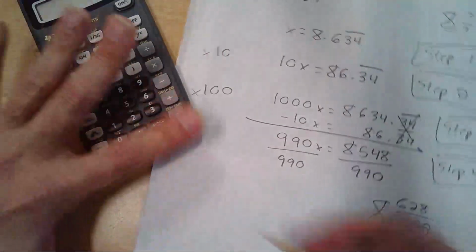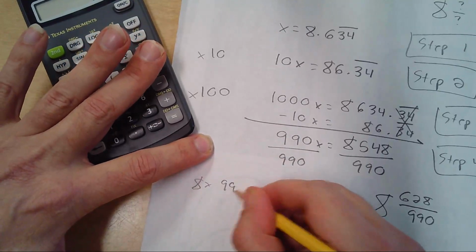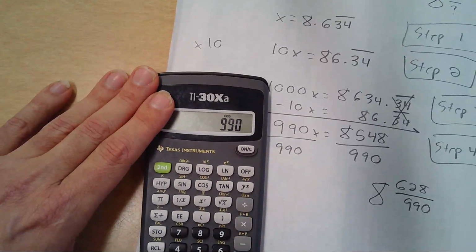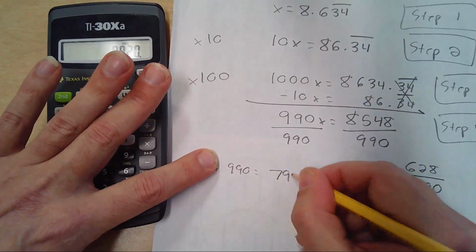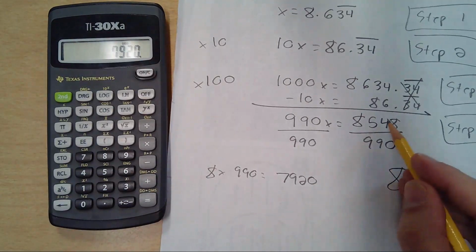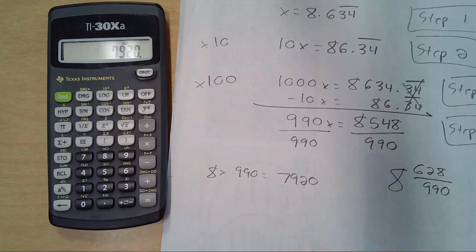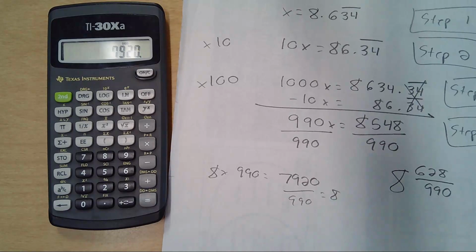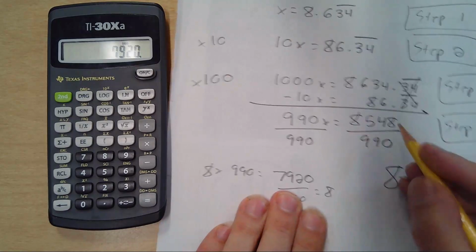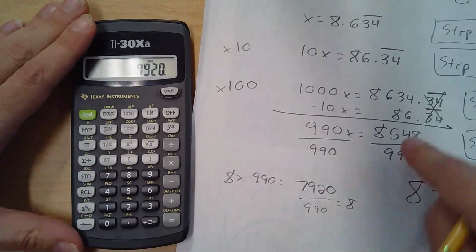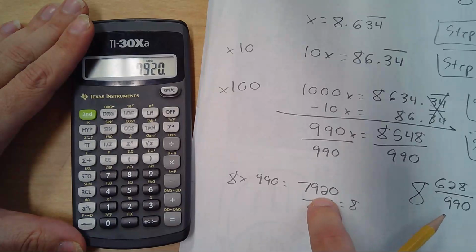So I just did 8 times 990, because that's my bottom there. 8 times 990, and then I got this 7,920. So 7,920 over 990 equals 8. Right? But of course I have all sorts of stuff left there. So now I need to subtract that 8,548 minus 7,920.